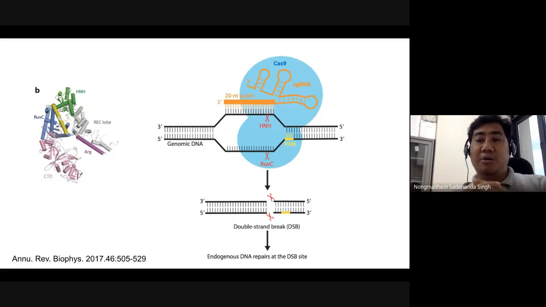Now, people have started exploiting this system. As we talked just now, once you have a complementary region, for SpCas9, if you have 20 nucleotides matching, it can activate the nucleases and introduce the double strand break on the target DNA.